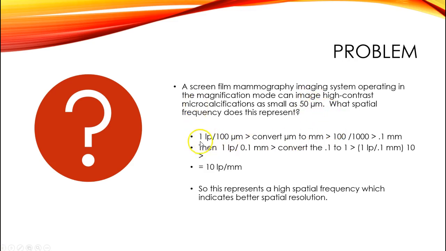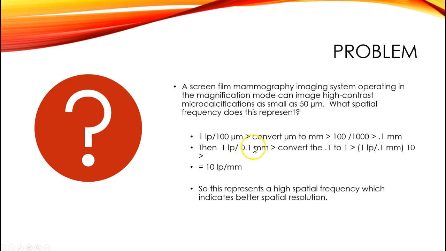So we're going to start off with one line pair over 100 microns. We're going to convert that micron to millimeters. So 100 over 1,000, and this converts to 0.1 millimeters. We're just getting rid of the microns and turning it into millimeters. So then we have one line pair over 0.1 millimeters. Both of these things equal the same thing, just different units.